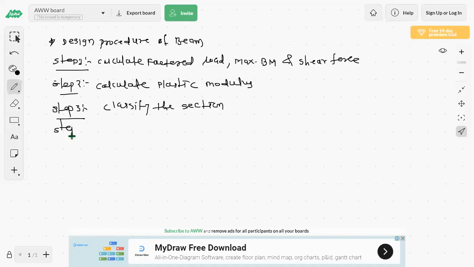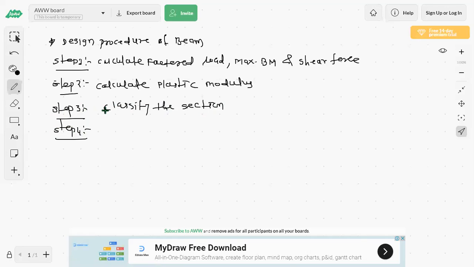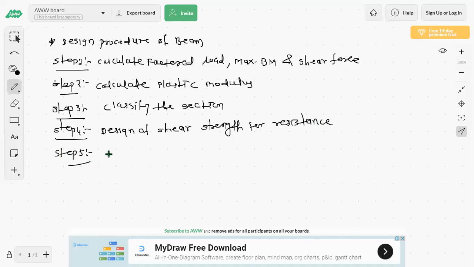Then step 4 was design of shear strength, design of shear strength for resistance. And step 5 we have started, that was design of bending moment.